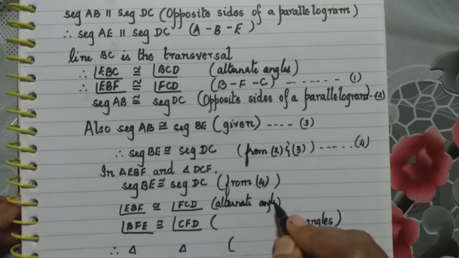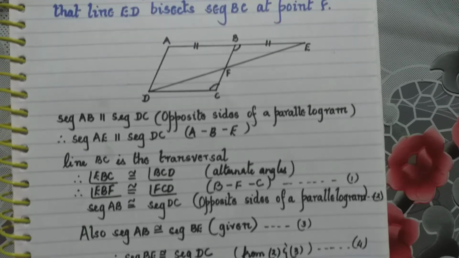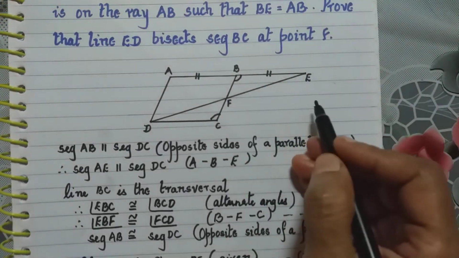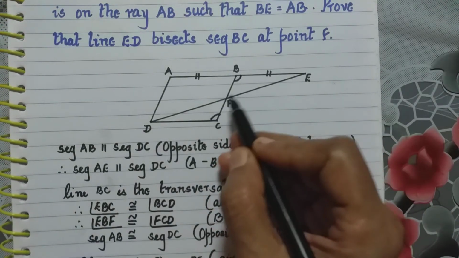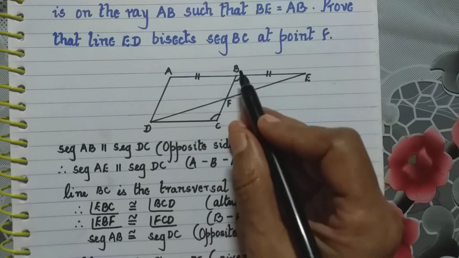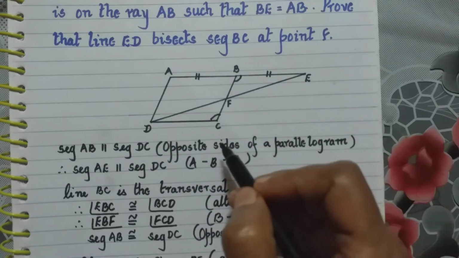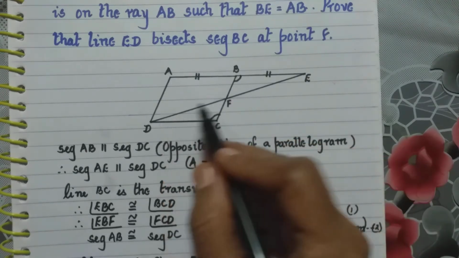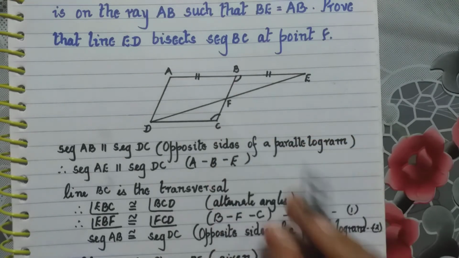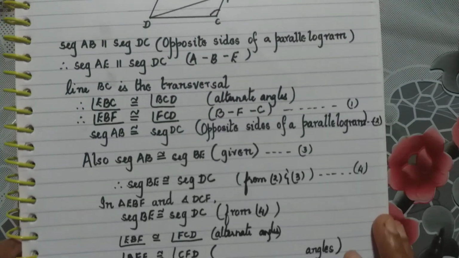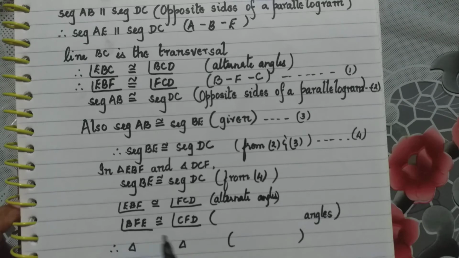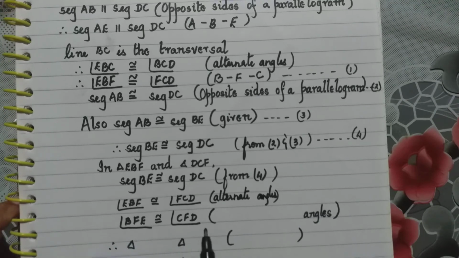Also, we have one more pair of angles which are congruent. Which are the angles which are facing each other? Angle BFE and angle CFD. They are opposite to each other. So, angle BFE is congruent to angle CFD. What are those angles called which are facing each other?